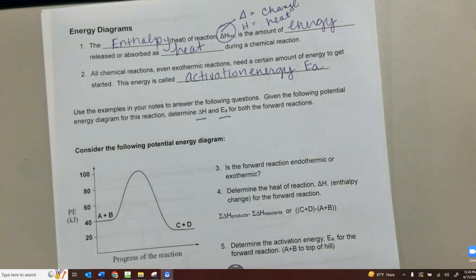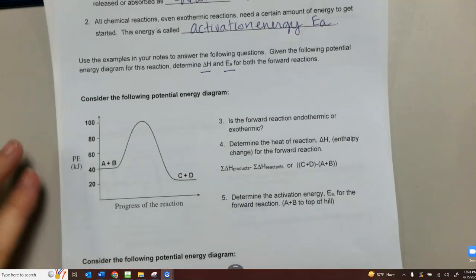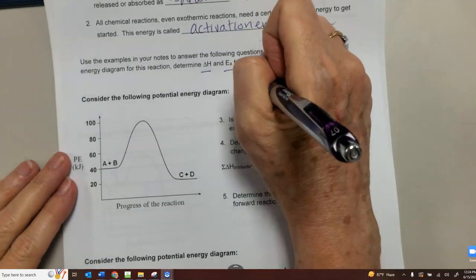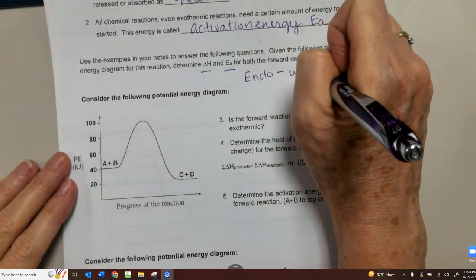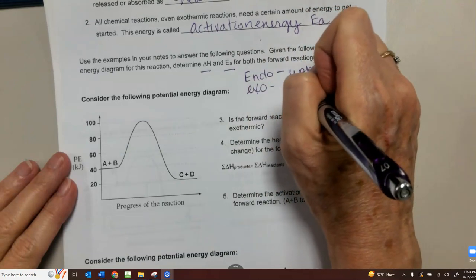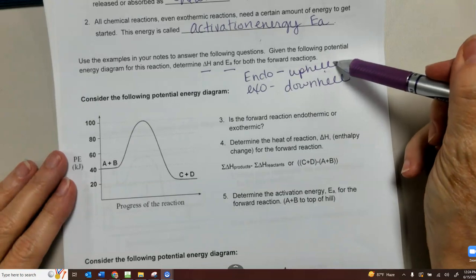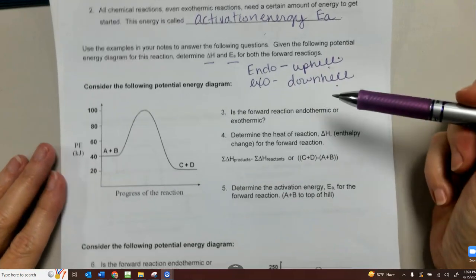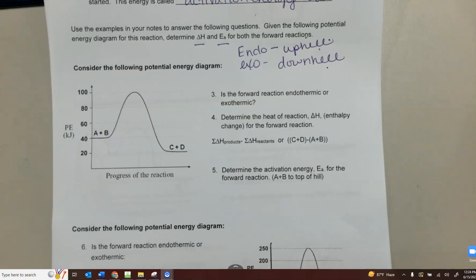All right, let's recall when we looked at potential energy diagrams earlier, we said an endothermic reaction is uphill, and an exothermic reaction will go downhill. Okay, because we're gaining heat, losing heat. So let's look at this potential diagram right here. Is this forward reaction endo or exo?